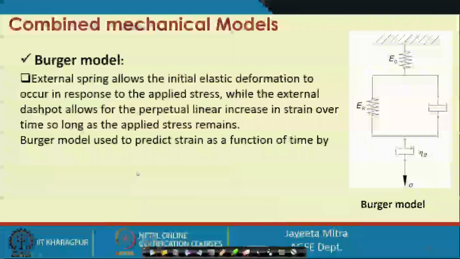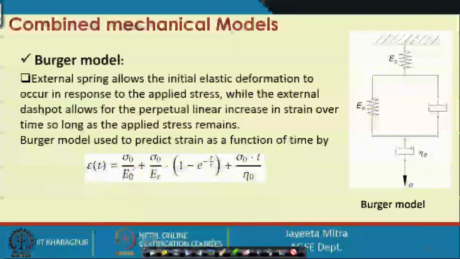Now, the Burger model is used to predict the strain as a function of time by this equation: strain epsilon t equals sigma 0, the initial stress, by E0 plus sigma 0 by Er, into 1 minus e to the power minus t by tau, where tau is the relaxation time, plus sigma 0 into t by eta 0.